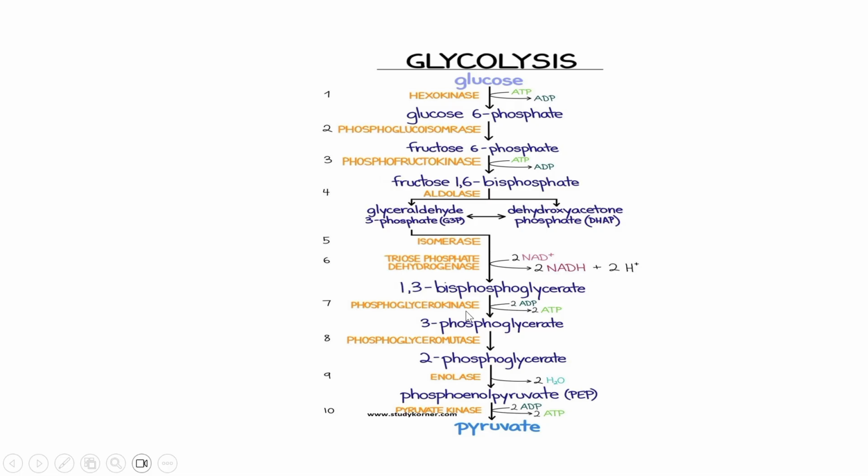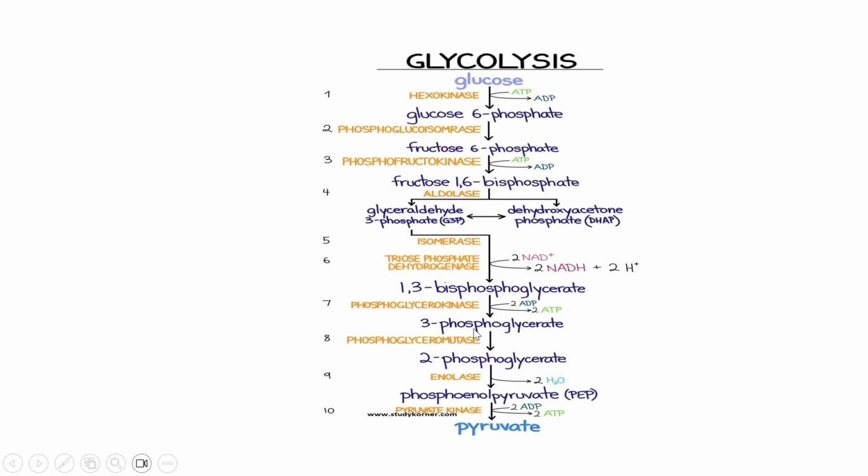This 1,3-bisphosphoglycerate will undergo a step where we transfer a phosphate group from the 1,3-bisphosphoglycerate to ADP to yield ATP, and also lead to the formation of 3-phosphoglycerate by an enzyme called phosphoglycerate kinase.